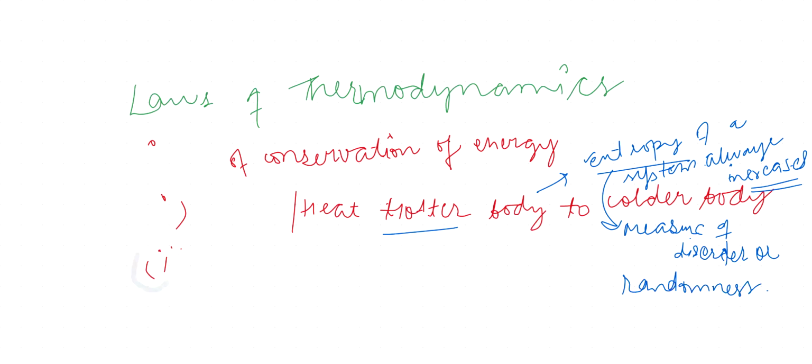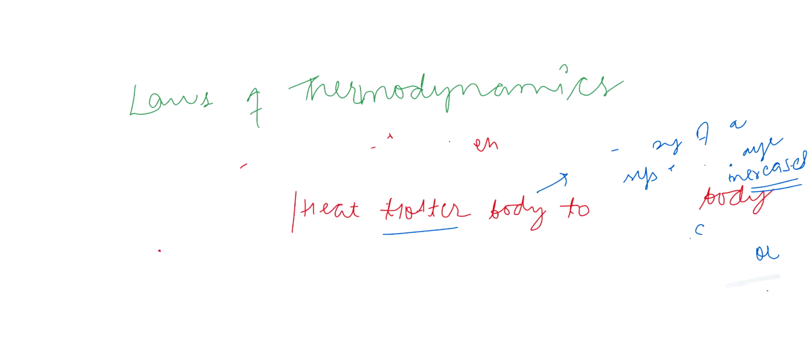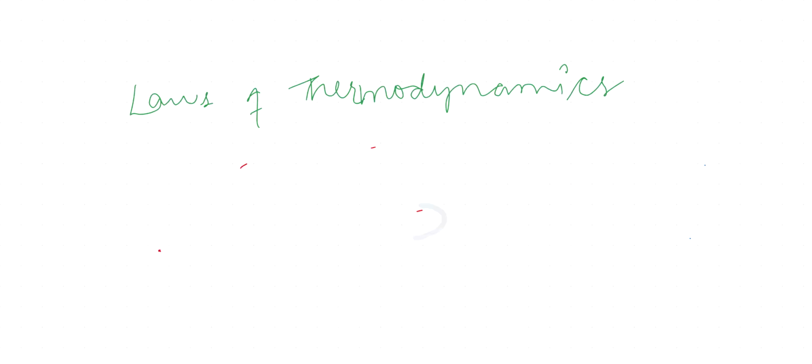So moving on to our third law, what does it state? That at absolute zero temperature, entropy becomes zero. So what is absolute zero temperature?